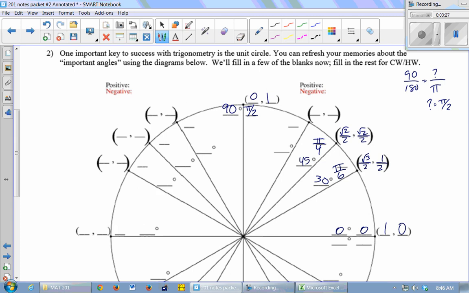Some people might have learned that as 1 over root 2. They're equivalent, same thing. Then the next one is 60 degrees, or pi over 3 radians, and you reverse the coordinates from the 30-degree angle. So this is 1/2, root 3 over 2.